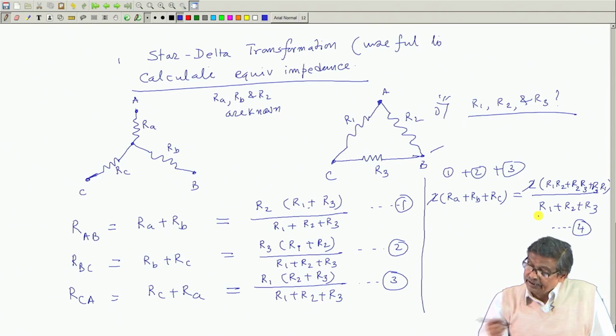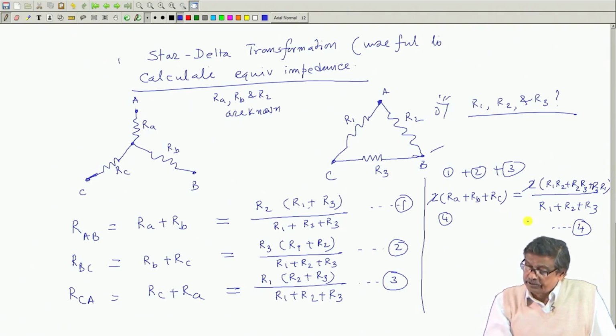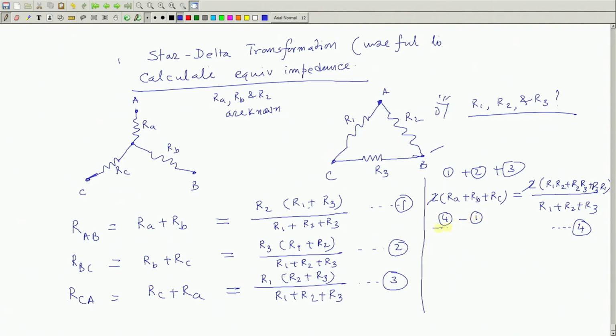Suppose from this equation 4, I go on subtracting equations 1, 2 and 3. So, 4 minus 1 you do. If you do 4 minus 1, on the left hand side you will be left with RC.